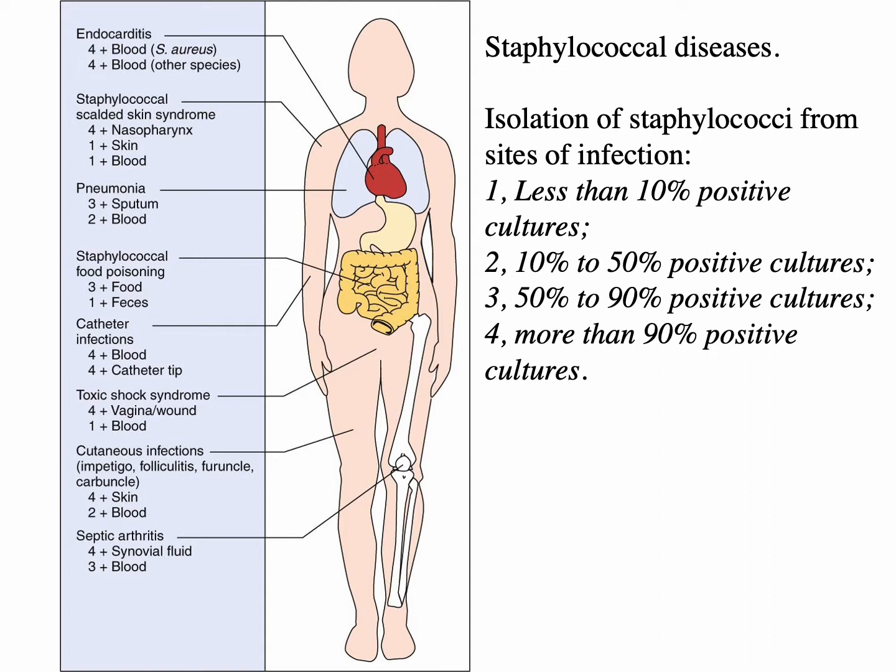So you can look at the list on the left there: endocarditis, infection of the heart, staphylococcal scalded skin syndrome, pneumonia, food poisoning, catheter infections, so the tubing going into somebody's arms or the bladder, toxic shock syndrome, cutaneous infection, and then septic arthritis. So one organism is capable of causing this variety of disease in humans.